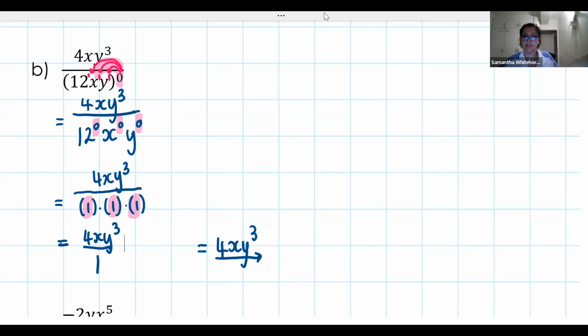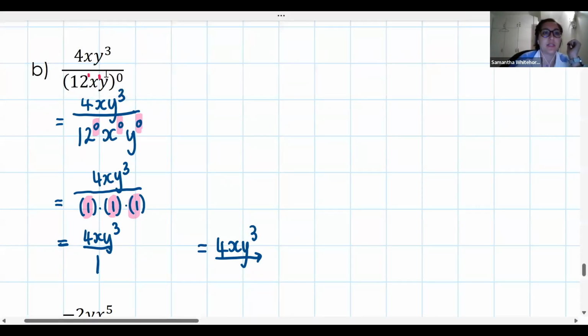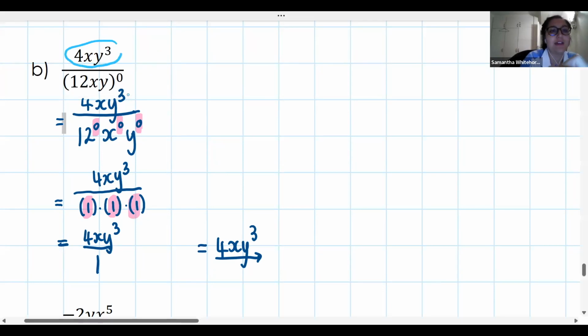Hi, ma'am. May I ask here, why does 4xy to the power of 3 not change? Okay, so if we look at the original question, I'm just going to take off all my scribbles here. Do you see that in the numerator, nothing is happening to the numerator?